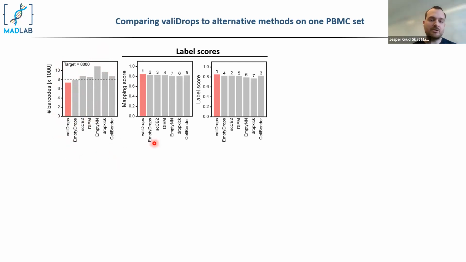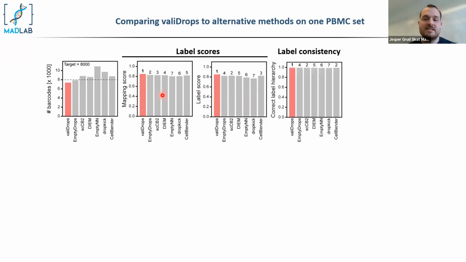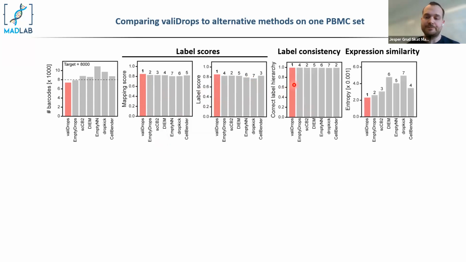If we look at the label scores, they're very similar across tools, except maybe over here where MTNN and Dropkick have a bit lower performance than the rest of the methods. valiDrops does perform the best across both of these metrics, but it is a close call for label scoring. Label consistency is the same. It's very close. All of the tools are doing a good job, but valiDrops is again the best one.